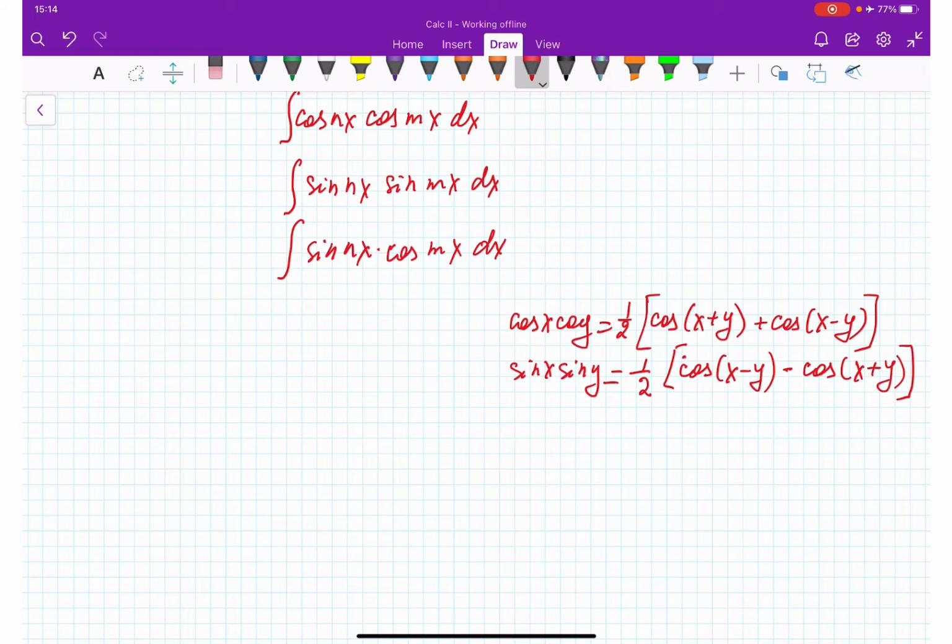Next, sine x cosine y is equal to 1/2 sine (x plus y) plus sine (x minus y).